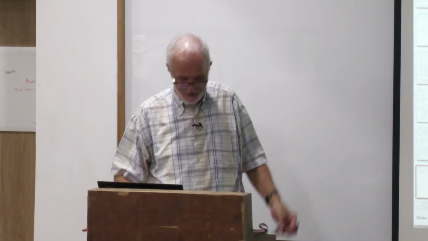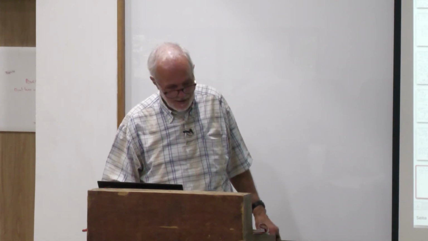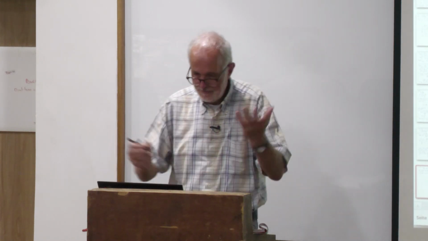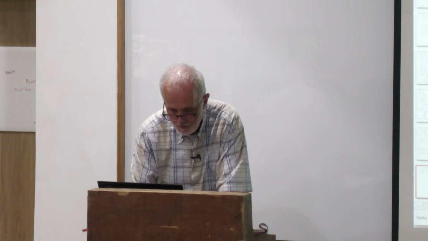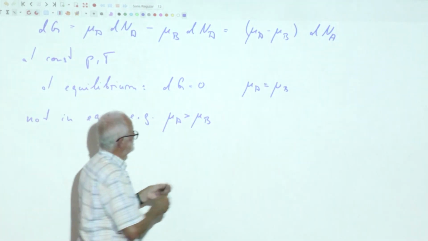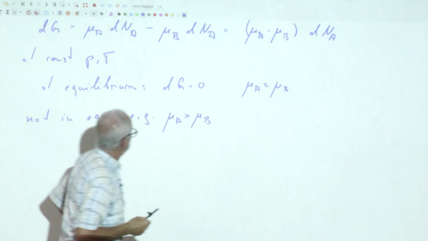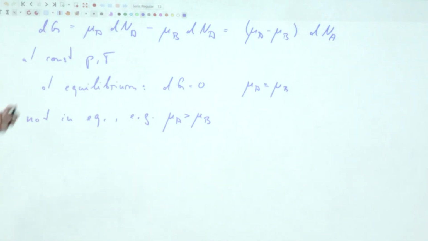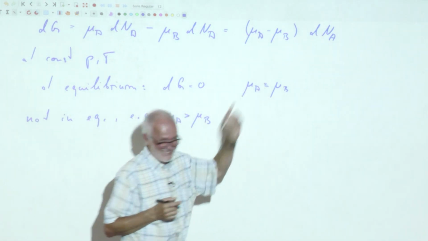It's like diffusion. I can give a simple example here. So what happens now if, say, mu A is larger than mu B? If mu A is larger than mu B, this term here becomes negative. dg goes to a minimum, so it is negative, a falling function. So dNA must be positive. No, I think I confused mu A. Yeah, this is positive, then dNA is negative.